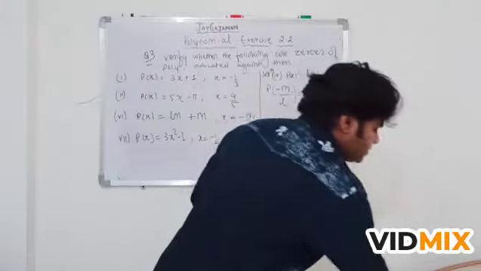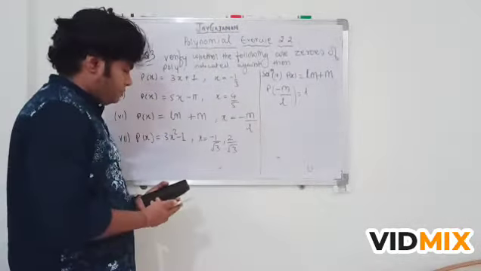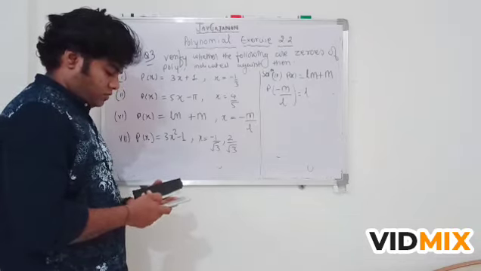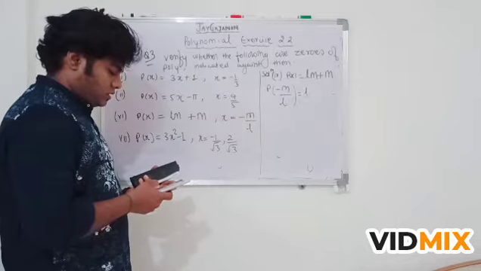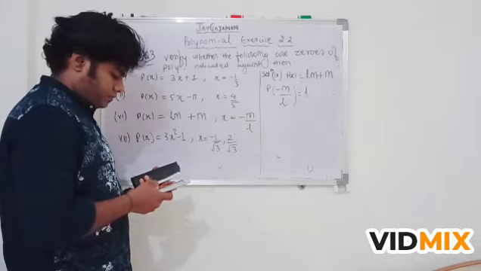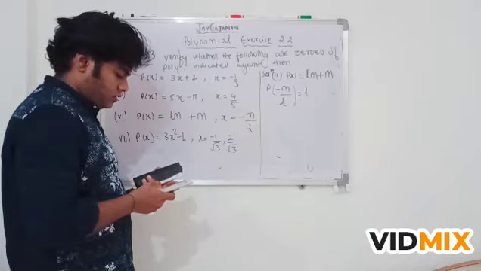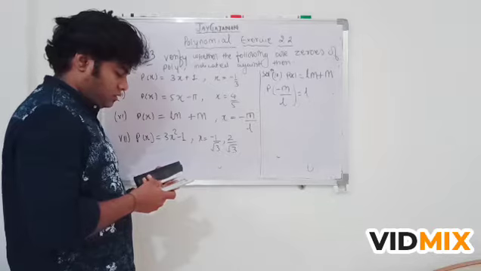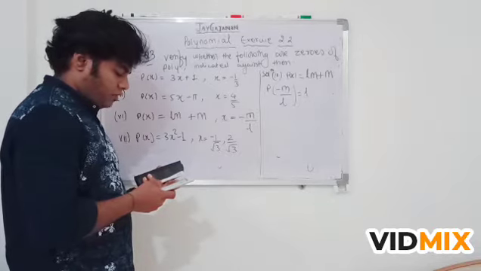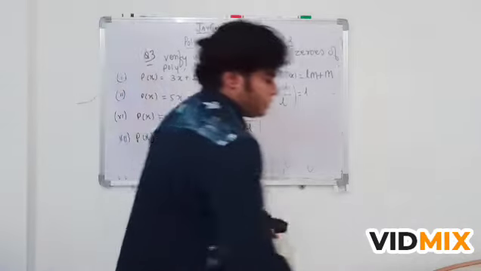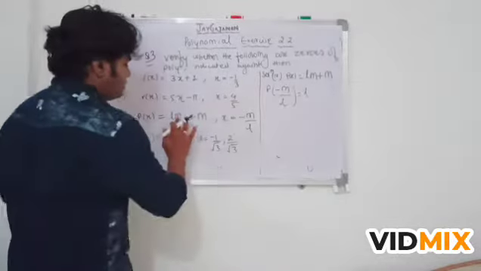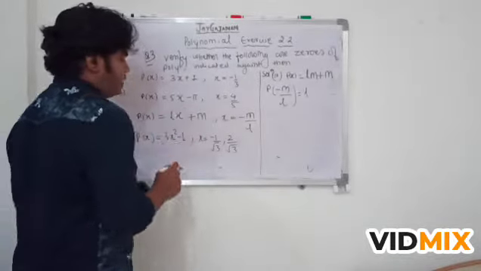I'll just check it out once. Yes, that is correct. It is not p of m, it is p of x. The question is, this is not m, this is x. I have written the wrong question.